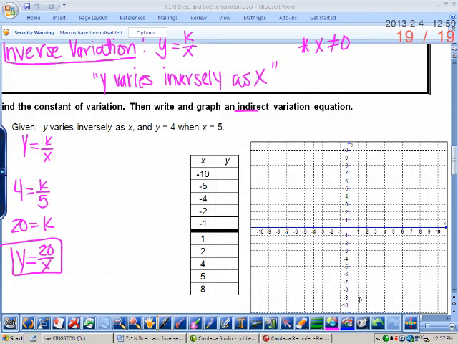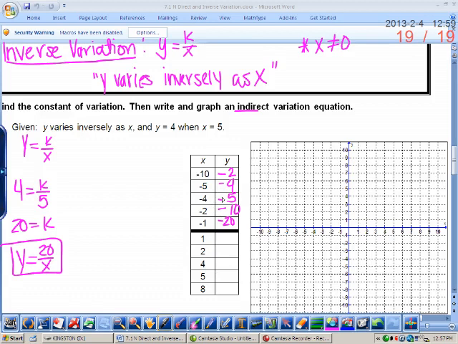All right, let's fill out this table. If I plug in negative 10 for x, what do I get for y? Okay, what if I plug in negative 5? What if I plug in negative 4? Negative 2? And negative 1? Negative 20. Why are we skipping x equals 0?